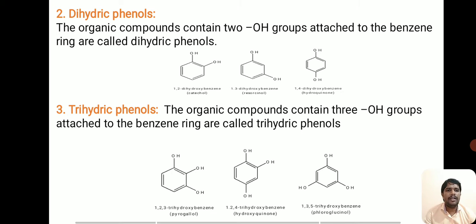For example, in pyrogallol or 1,2,3-trihydroxybenzene, we have three OH groups. In the next case, hydroxyquinol, we have three OH groups, that is 1,2,4-trihydroxybenzene. In phloroglucinol also we have three OH groups, that is 1,3,5-trihydroxybenzene.